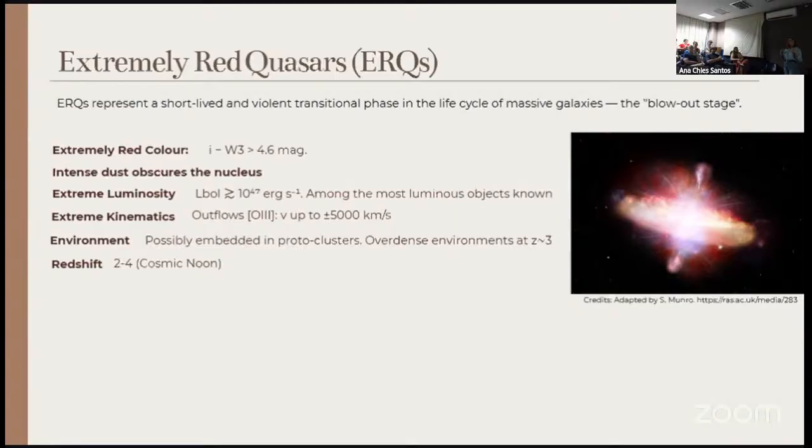They have extreme luminosity, with bolometric luminosity higher than 10 to the 47 ergs per second, among the most luminous objects known in the universe, and also extreme kinematics, with [O III] outflows up to 4,000 kilometers per second. The environment where this quasar is located is possibly a proto-cluster or overdensity, and they are found in the redshift range of cosmic noon.